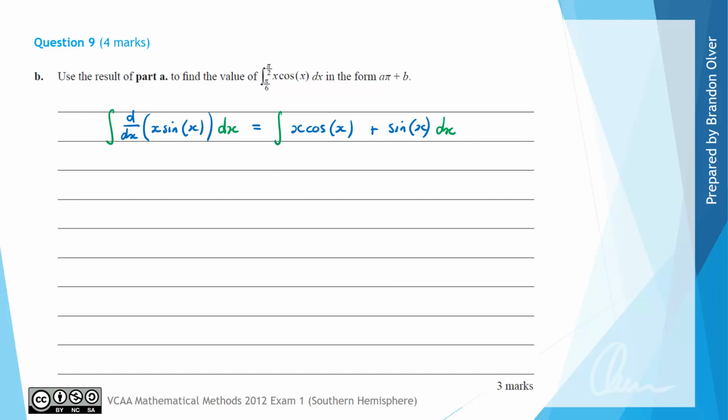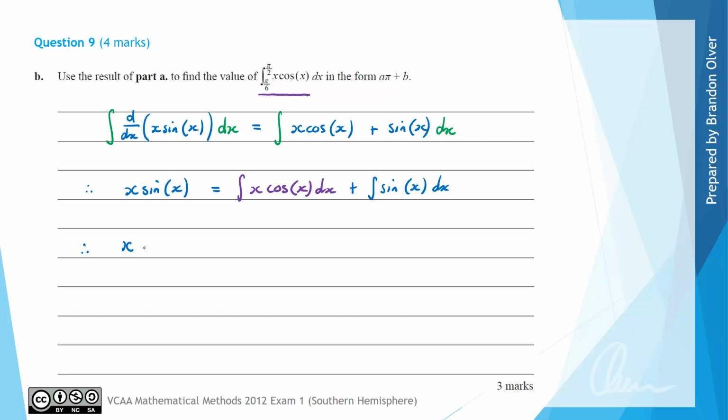The integral of a derivative just leaves behind x sine of x, and that equals the integral of x cos of x dx, which I've put in purple because it's starting to match up with what we need, and we still have plus the integral of sine of x dx.